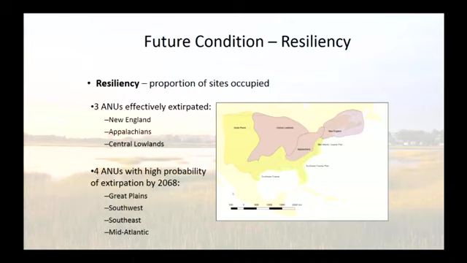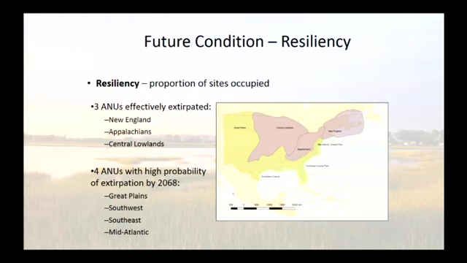We decided that, as I said, that resiliency was a metric of those proportion of sites still occupied. That's also, in a way, a measure of redundancy in the future. The 3 analysis units that are currently extinct, we expect will continue to be extinct in the future, unless there's some serious work being done. They also expected and passed forward to the decision makers that there is a high probability of extirpation from all 4 other regions that are currently extinct by 2068.